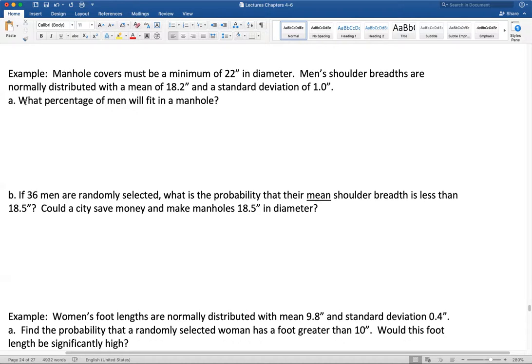Moreover, look at question A: 100% of men have a shoulder breadth less than 22 inches. So they've got to reduce the diameter of the manhole for safety, right?